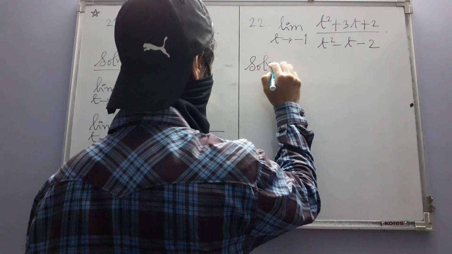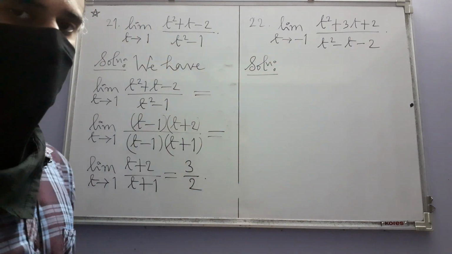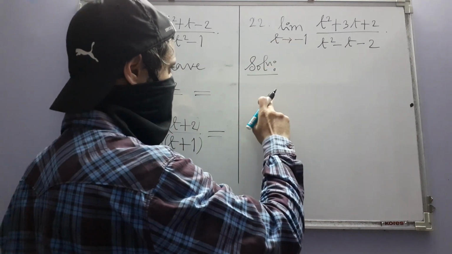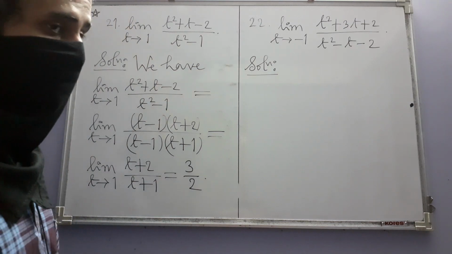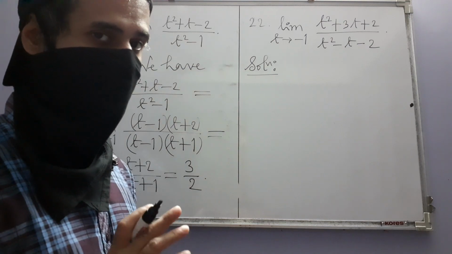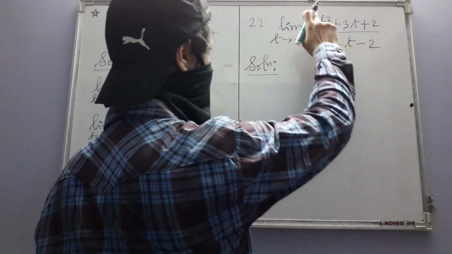At least we know that we should search for what should be the problematic factor here. Since it is minus 1, the problematic factor will be t plus 1. So again, believing that the problem has been cherry picked and there should be no problem in having t plus 1 here as well as here.